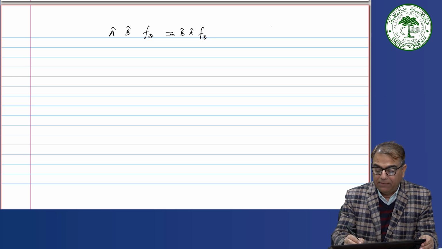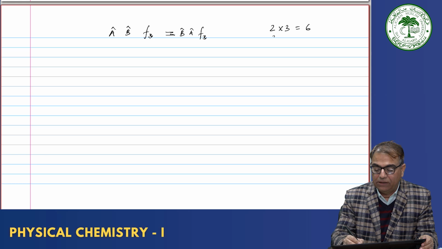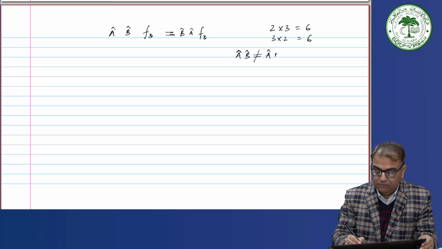In number algebra, if you multiply 2 by 3, you get 6, and if you multiply 3 by 2, then also you get 6. But in the case of operators, AB may or may not be equal to BA. Both possibilities exist. May be equal, may not be equal.